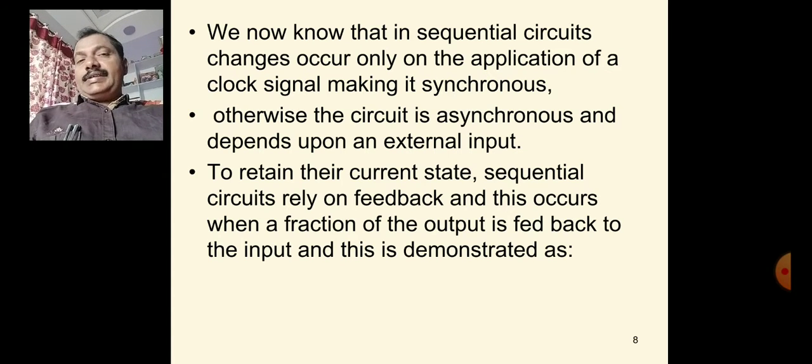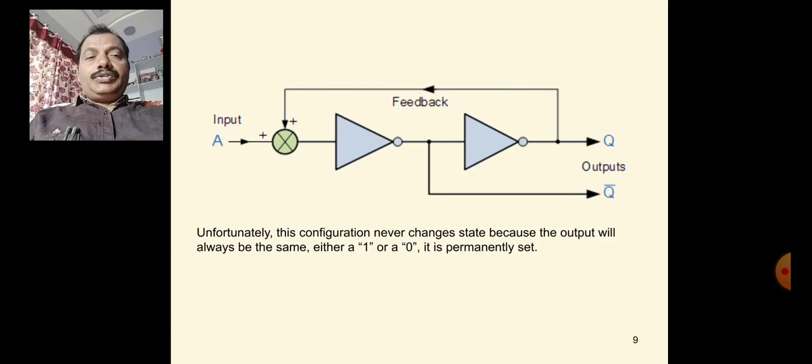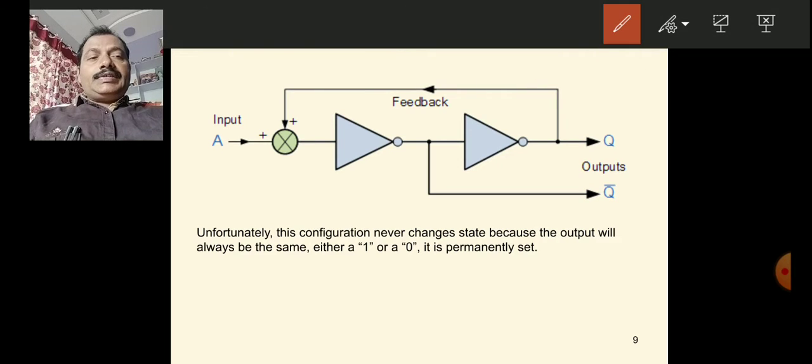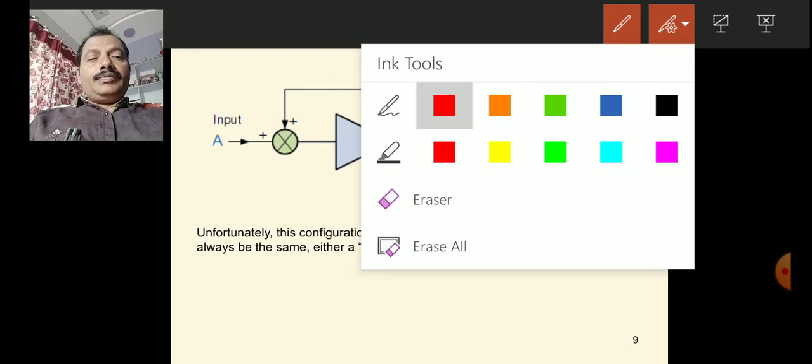Let us consider a simple circuit. Two NOT gates, two inverters, have been taken. The second inverter output is called Q, and the first inverter output is called Q bar.